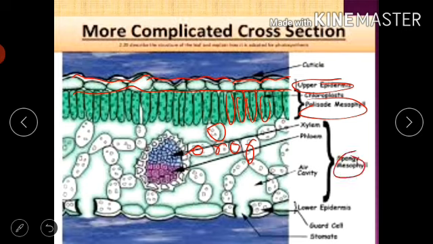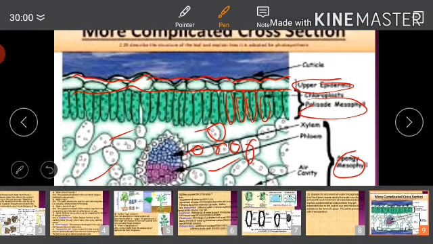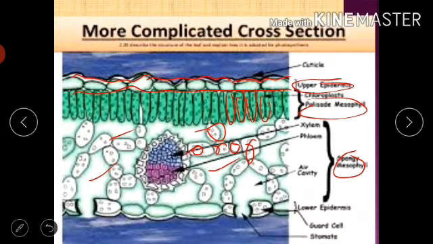This spongy mesophyll cell has air cavities in between, but it does not contain chloroplast, neither does it help in photosynthesis. Just below the spongy mesophyll cell, there is a layer called lower epidermis. In the lower epidermis, there is stomata.